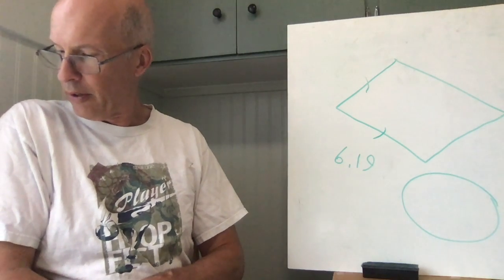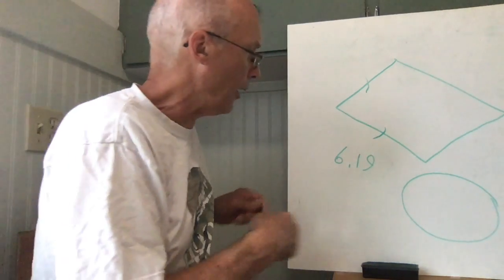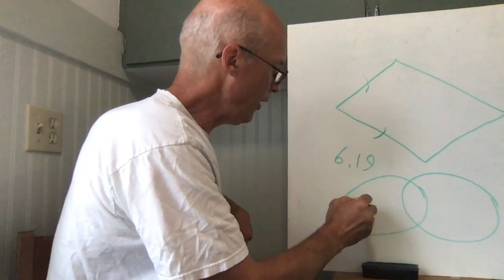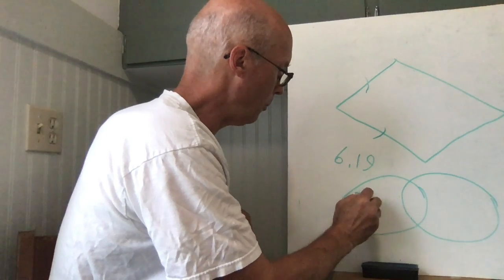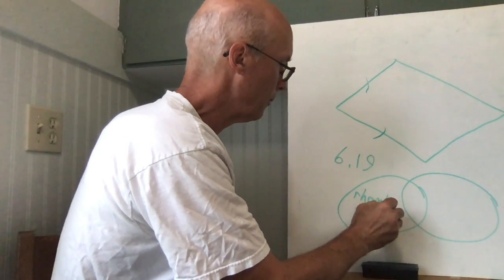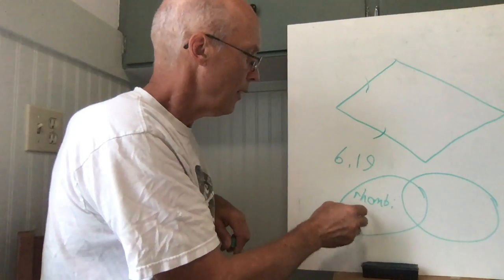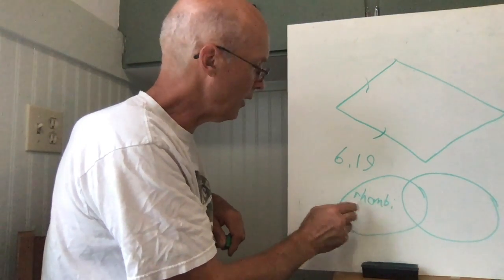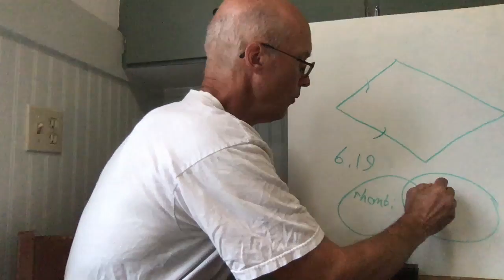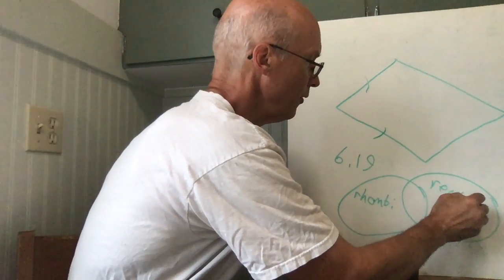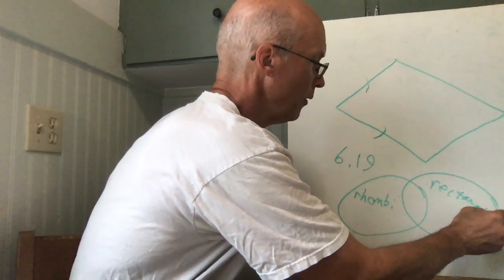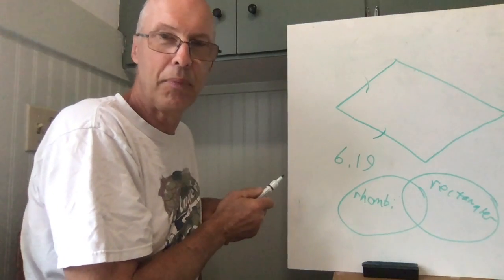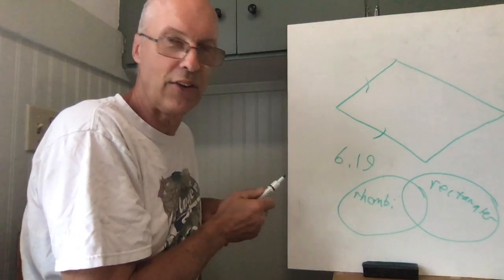If you look here on page 461, they show you a little Venn diagram. Over here would be rhombi. They have 4 sides and they're all congruent, but it doesn't say anything about the angles. Over here would be rectangles. They've got 4 angles equal, opposite sides parallel, but you don't really know that the sides are the same.